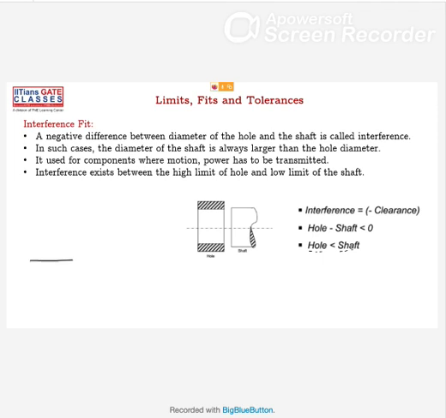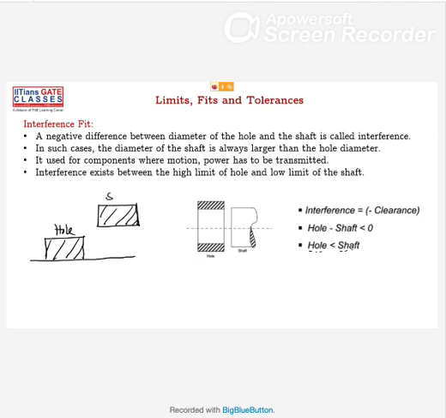Again, let me take the hole basis system, right? So this is your hole, and the shaft will not lie below it. It will completely lie above because the shaft will be bigger than the hole.